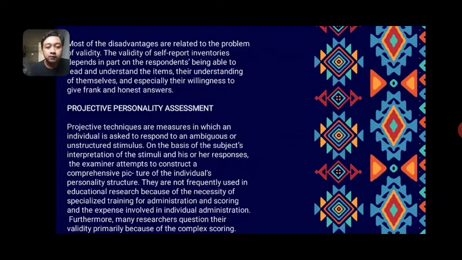They are not frequently used in educational research because of the necessity of specialist training for administration and scoring and the expense involved in individual administration. Furthermore, many researchers question their validity primarily because of the complex scoring.